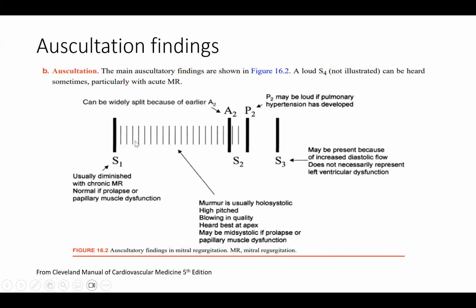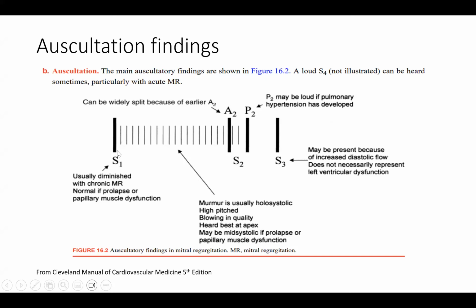So these are the auscultation findings, like we've said, between S1 and S2. This is systole, so we have a pan-systolic murmur, usually of the same intensity throughout. But if there is prolapse or some other acute cause, it could be mid-systolic, they say.